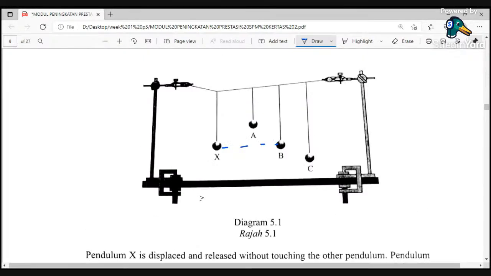Kalau you lihat faktor that affect frekuensi ataupun period untuk simple pendulum, kita ada formula ni. So factor yang affect ialah length of pendulum and gravitational acceleration g ataupun gravitational field strength. Okay. Jadi ini semua g adalah sama lah, g constant. Jadi relationship between T and L.